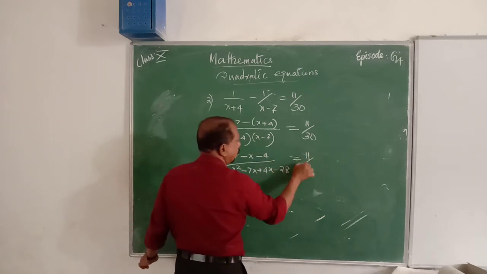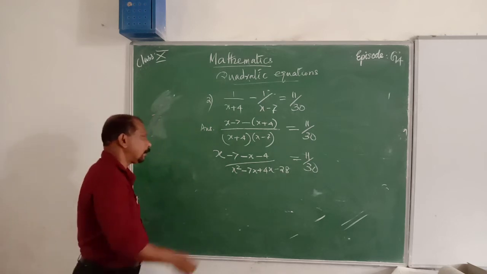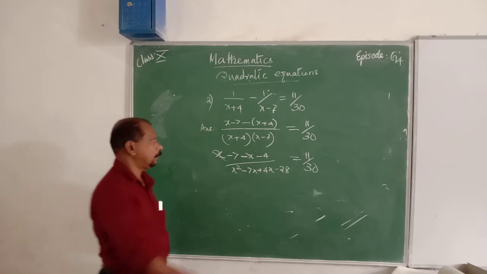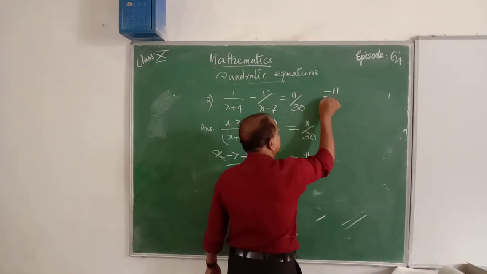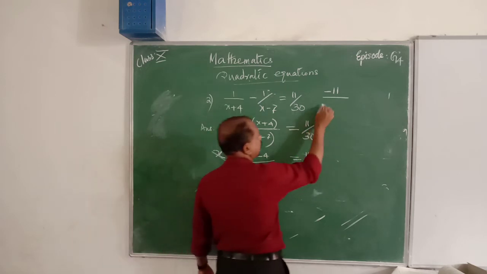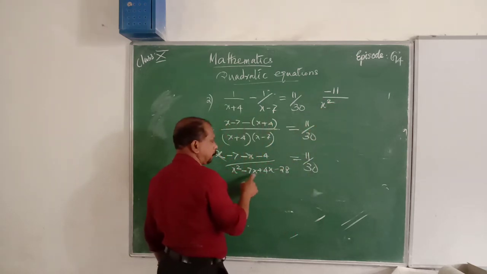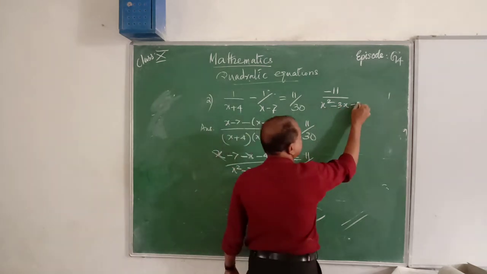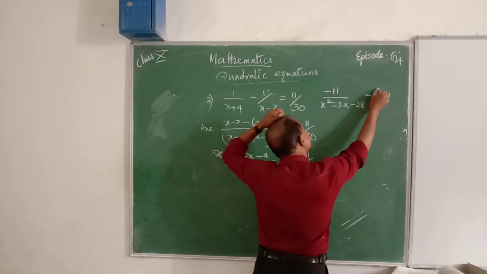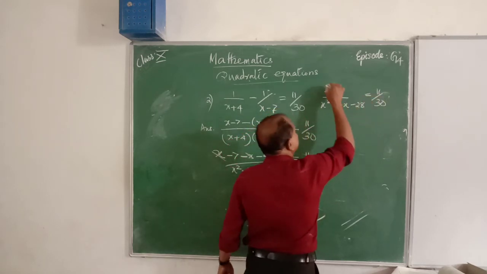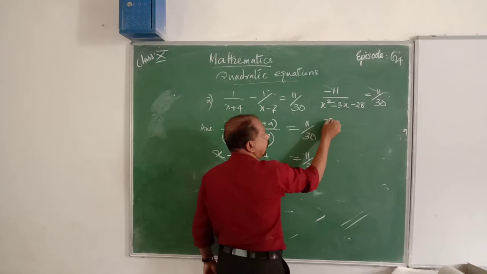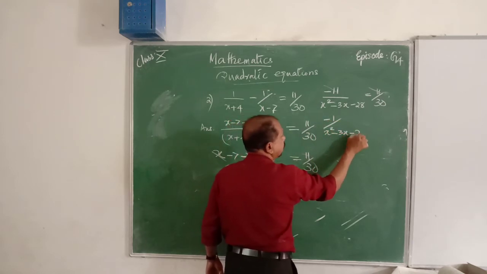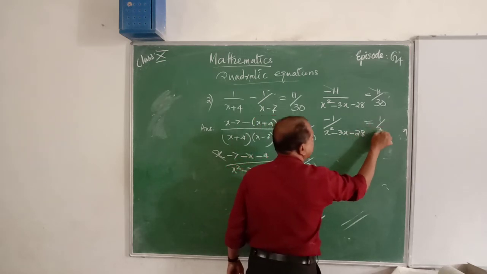Is equal to 11 by 30. These two x cancel. Minus 7 minus 4 is minus 11. That is minus 11 by (x square, minus 7x plus 4x is minus 3x, minus 28) is equal to 11 by 30. These two 11's cancel. We get minus 1 by (x square minus 3x minus 28) is equal to 1 by 30.